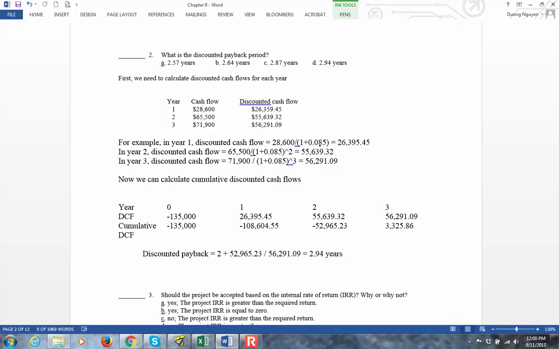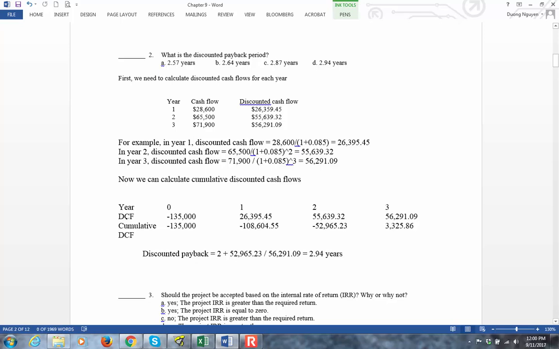It is 65,500 over 1.085 to the power of 2, and the answer is 55,639.32. And in year 3, present value is 71,900 over 1.085 to the power of 3, and it is equal to 56,291.09.